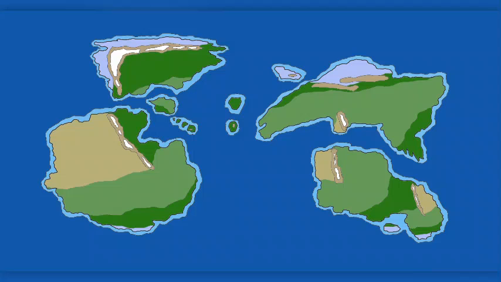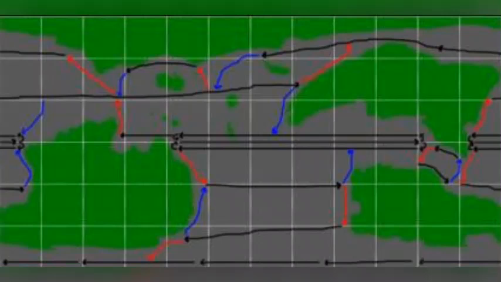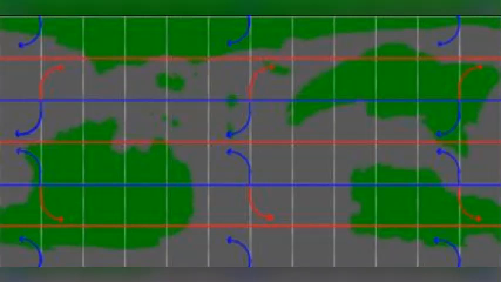So the current patterns once again have changed dramatically due to continents moving, and we thought for this one, why not throw in a little bit of a mass extinction to reset some of the ecosystems. So I decided an ice age would be pretty good.